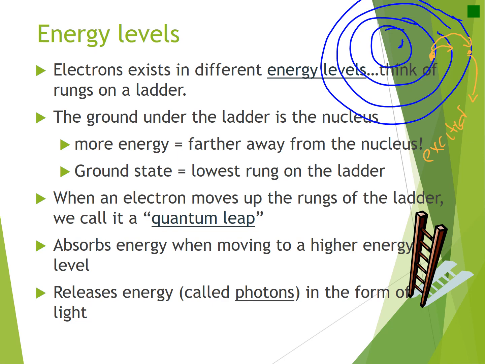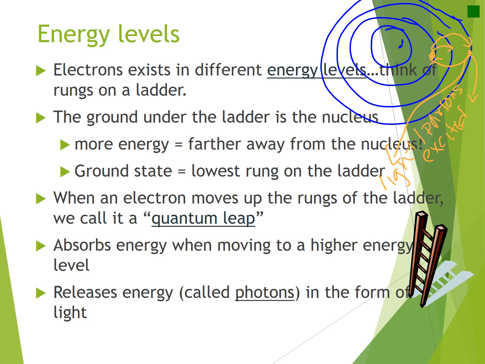And these electrons don't like to be in the excited state because they have too much energy for what they normally like to do. So what they do is they instantly release energy in the form of light, or photons as we know them, to move back down to the ground state.